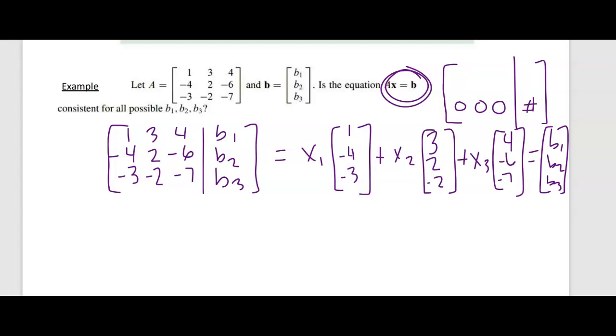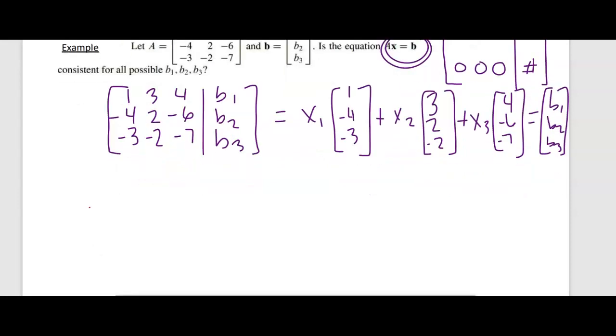All right, so let's go ahead and do some work on our rows.